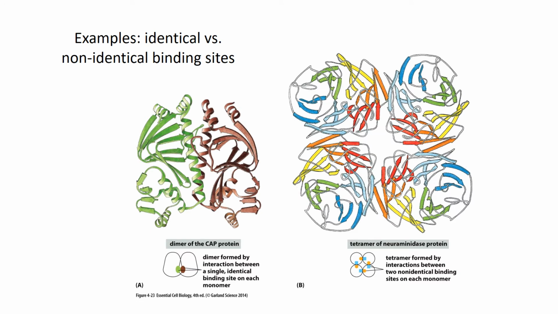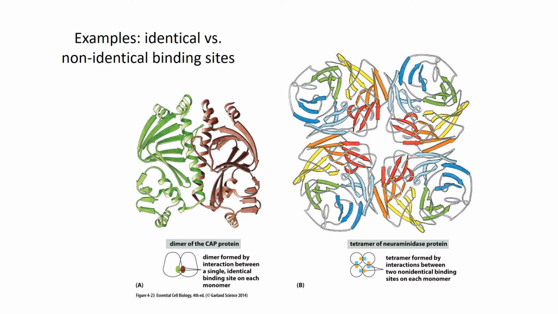If we look at these two examples here of binding sites, on the left, the cap protein is a dimer formed by interaction between a single identical binding site on each one of the monomers. So the two monomers are identical to one another and their binding sites are identical. On the right, however, this tetramer that you see consists of 4 subunits that themselves are identical, but the binding sites between them are non-identical.